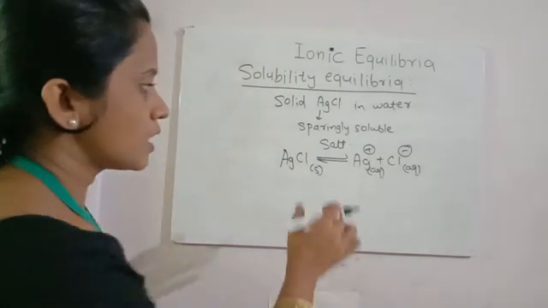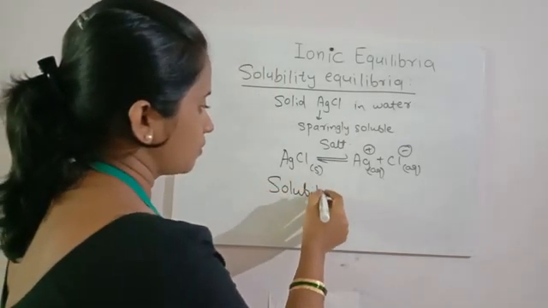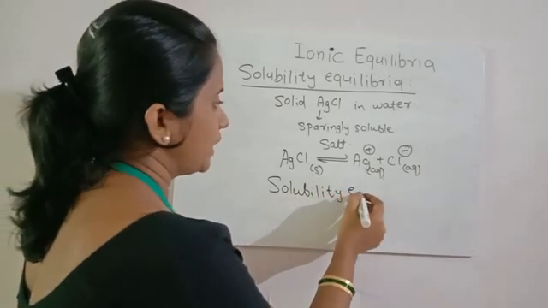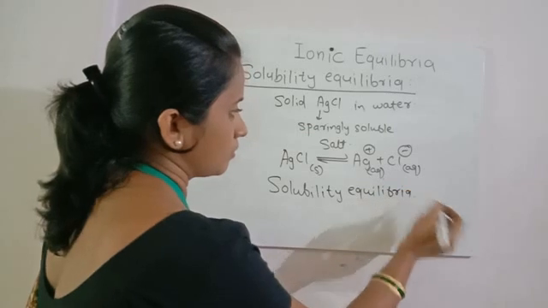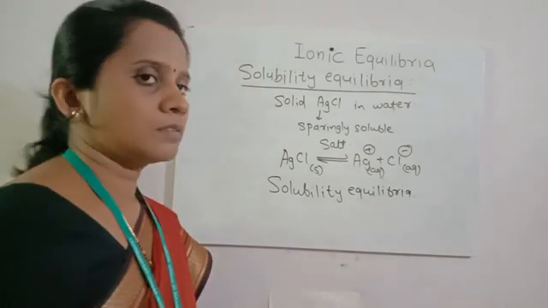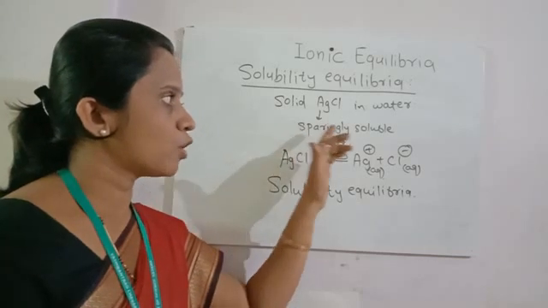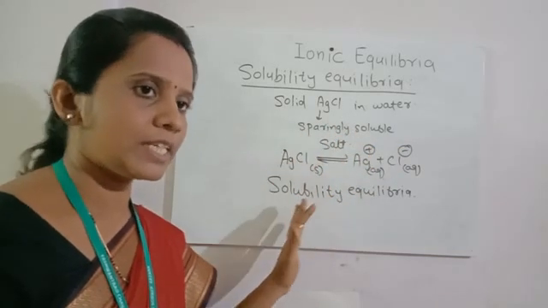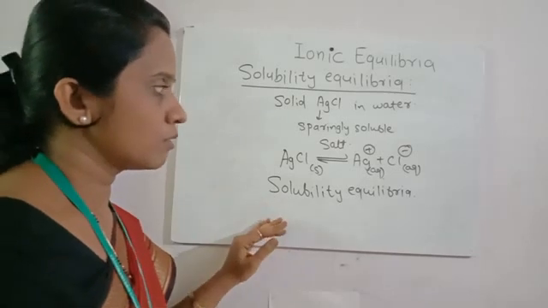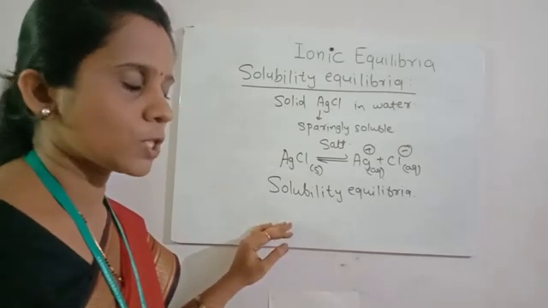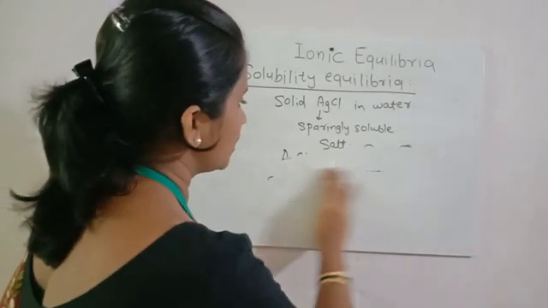This equilibrium is called solubility equilibrium. That means here we are considering solubility of the sparingly soluble salt AgCl. Now what will be the expression for the equilibrium constant? Consider the same reaction. I will write it down here.